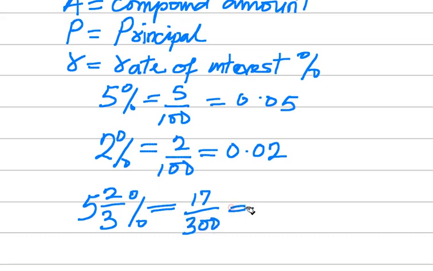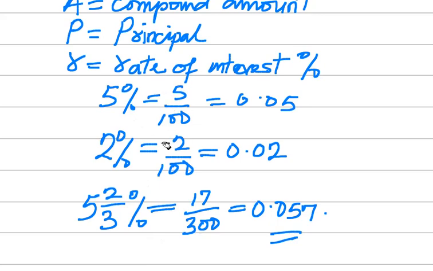And when you divide this by calculator, 17 divided by 300 from my calculator is 0.0566666. So we can have something of this nature, 0.057. We just approximate it. So this is the value of R.